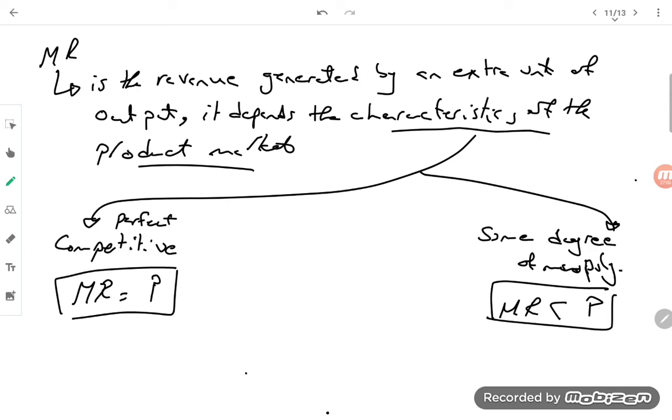This is with respect to marginal revenue. What about marginal productivity? Marginal productivity in general is the change in output due to increasing input by 1 unit.